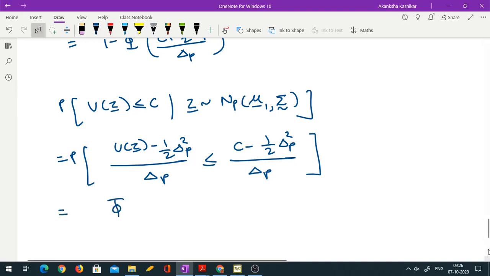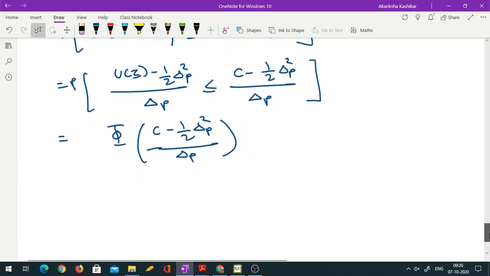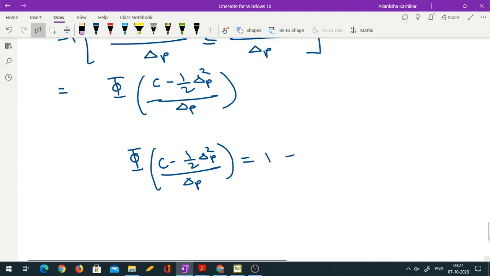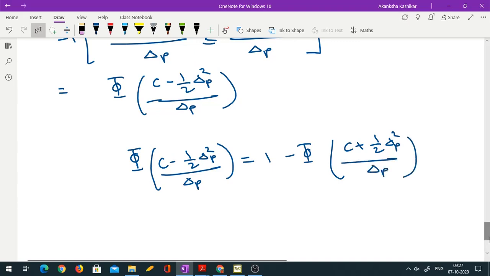So this is simply the CDF of the standard normal at (c minus delta square p by 2) upon delta p. We said that we don't want to consider one type of misclassification as more serious. We want both of them to be considered equally serious. So we equate: phi of (c minus half delta square p) upon delta p should be equal to 1 minus phi of (c plus half delta square p) upon delta p.